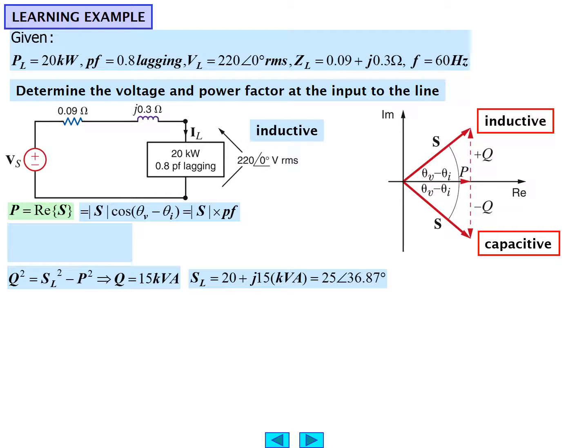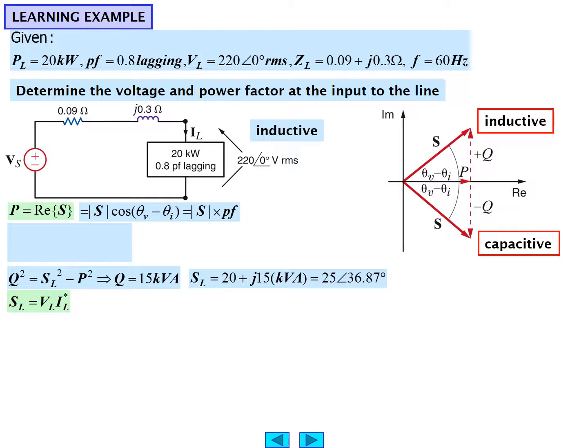S sub L, the complex power, would be 20 plus j15 kilovolt amperes. We just solved for Q. Or if you will, 25 angle 36.87, which we also got by looking at the calculation that we just indicated.